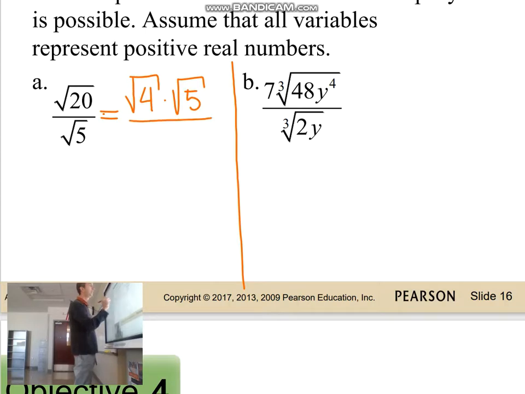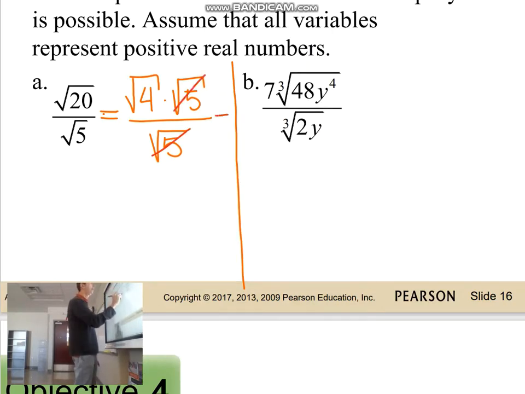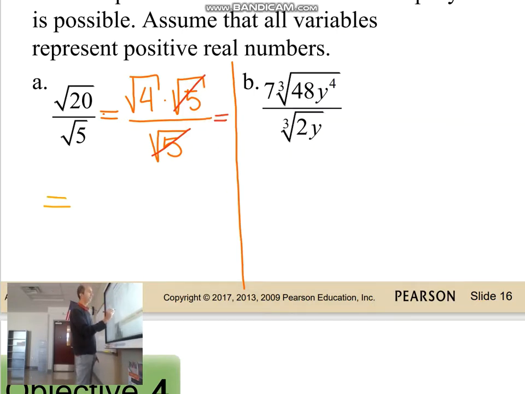And here at the bottom we have a square root of 5 that we can simplify, cancel out. And the answer after simplification is the square root of 4, which is equal to 2. That is the answer.